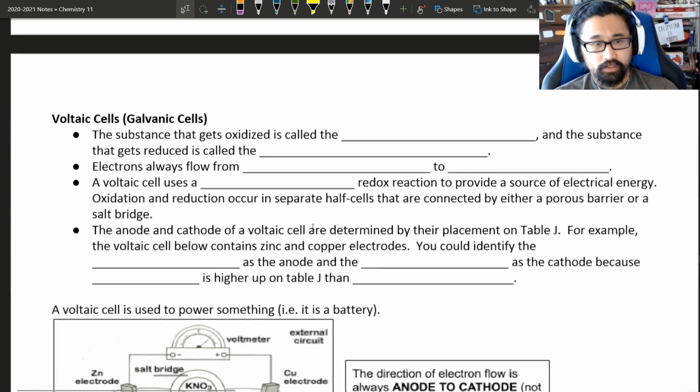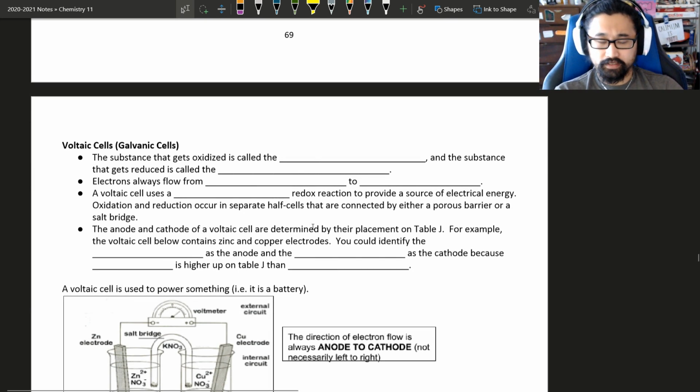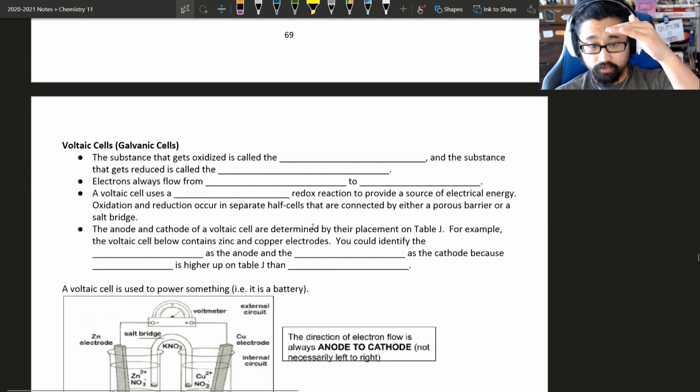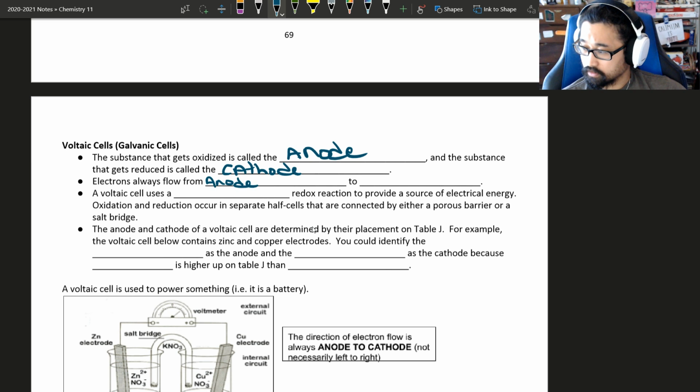So, this page refers to voltaic cells. Whatever is oxidized is called the anode. The substance that gets reduced is called the cathode. And electrons will always go from anode to cathode. This is always true. Anode to cathode.